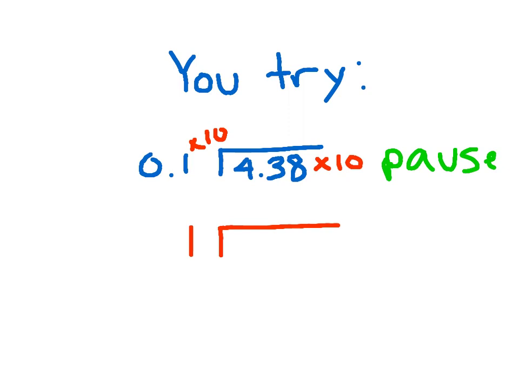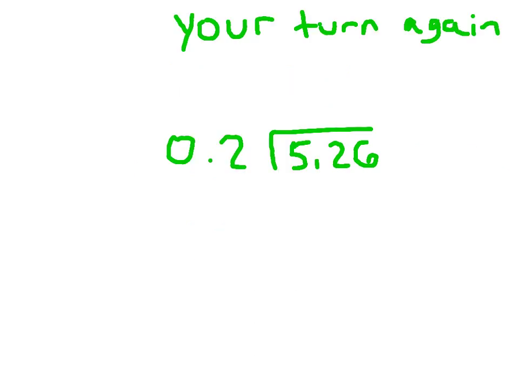I'm dividing 43.8, where I move the decimal point 1 place over. 43.8 divided by 1 is just going to be 43.8. And I'm done with my answer there. Anything divided by 1 is itself. Here I have 5 and 26 hundredths divided by 2 tenths.